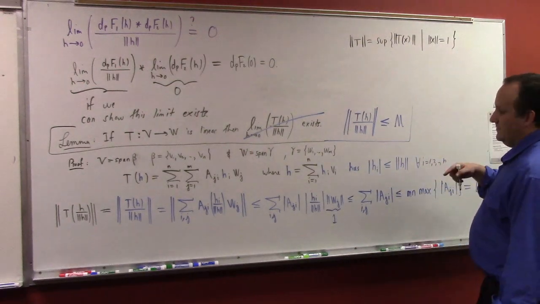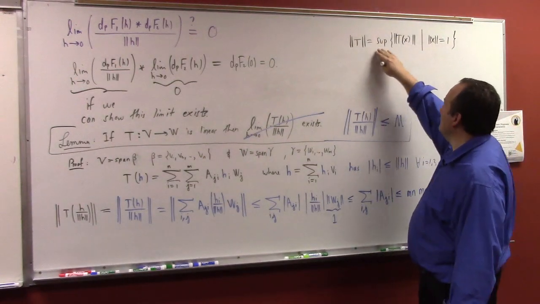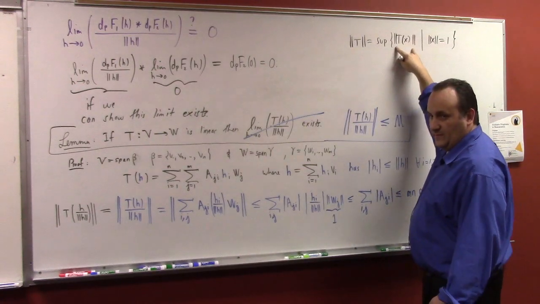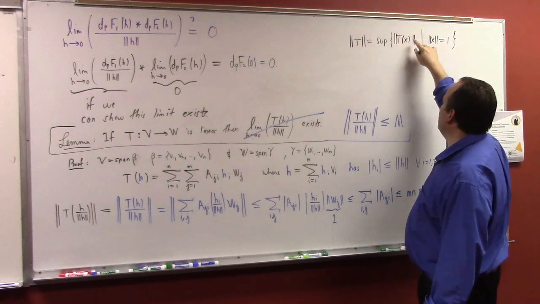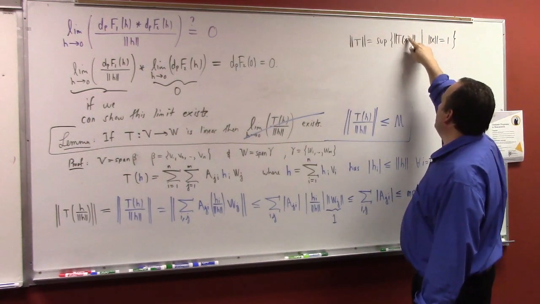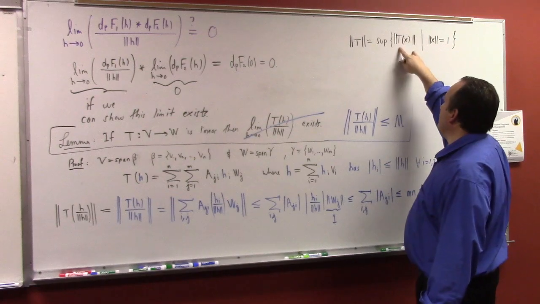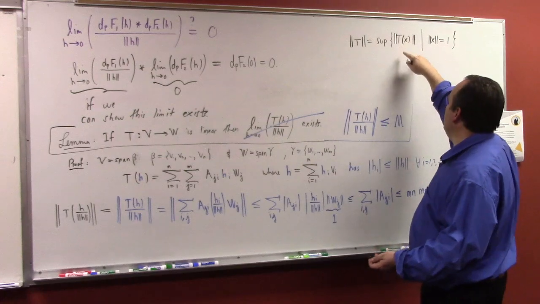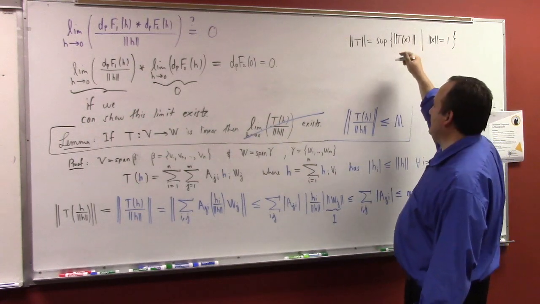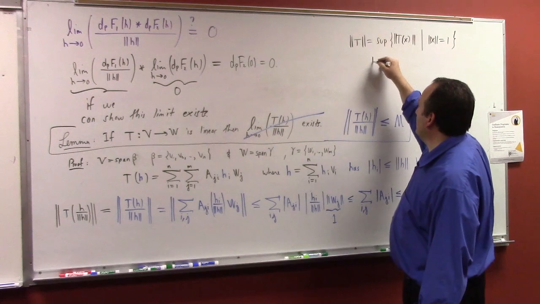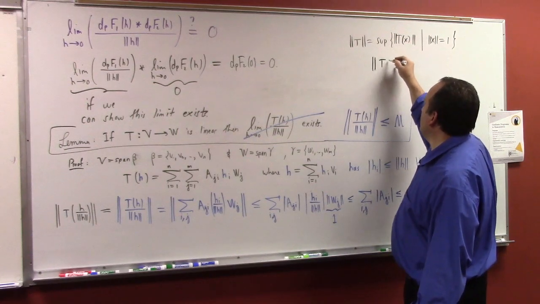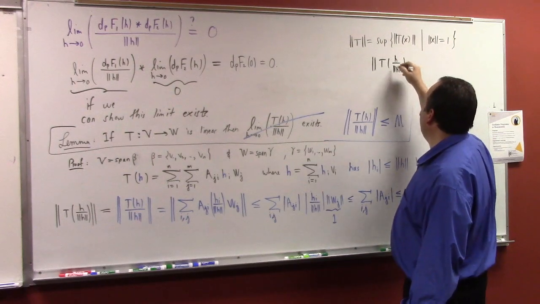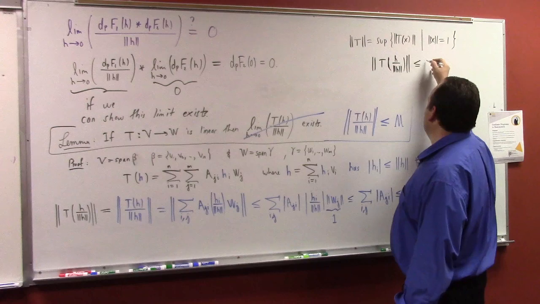So if you define the norm of T to be the supremum of the norm of the values on the unit vectors, if this is defined to be the norm of T, it's almost a tautology that the norm of T of h over norm of h is less than or equal to this.